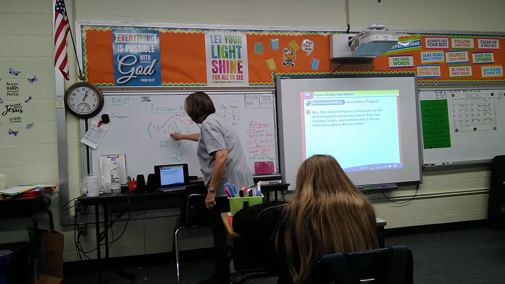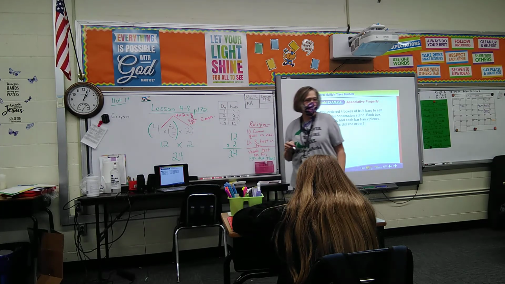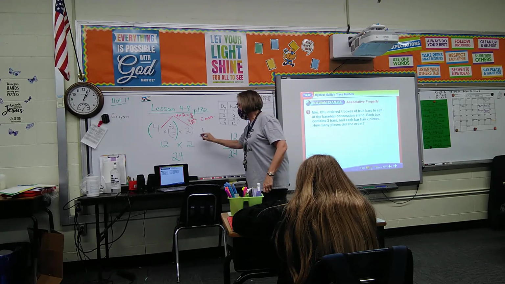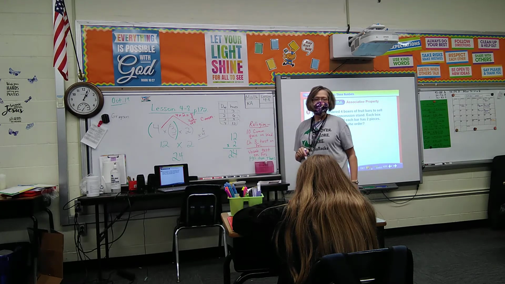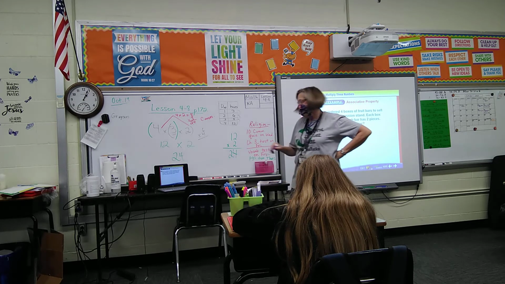Or somebody might have wanted to have done 3 times 2. What's 3 times 2? Lily? 6 times 4. You can use your number line. We know what it is? Is she right?